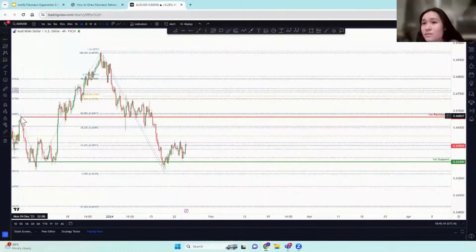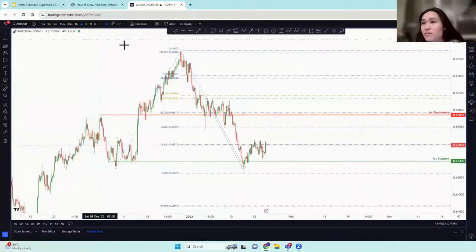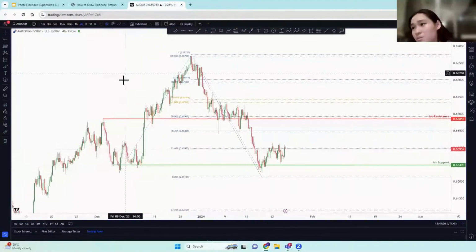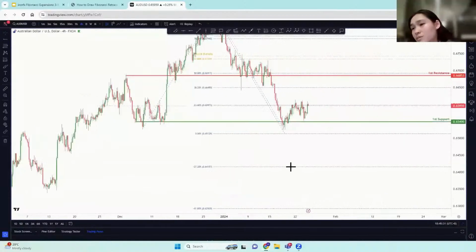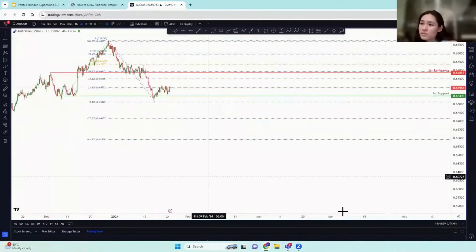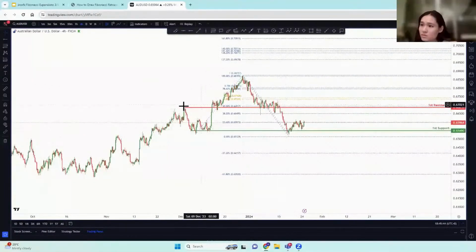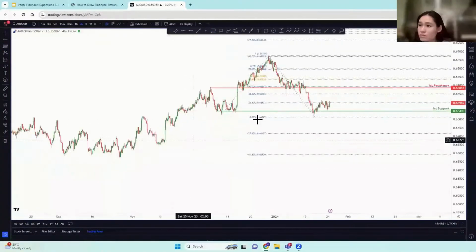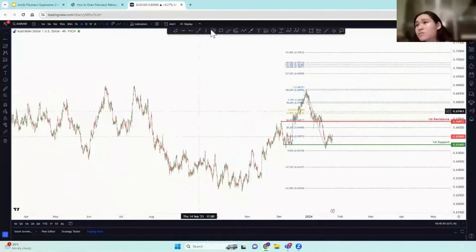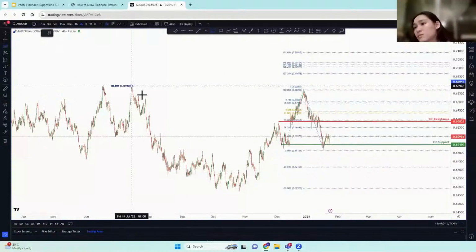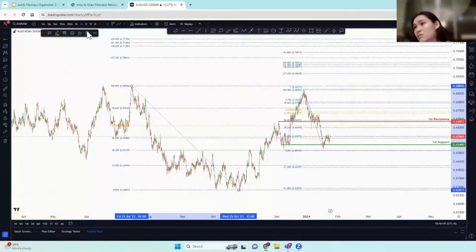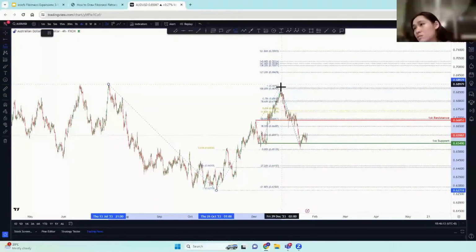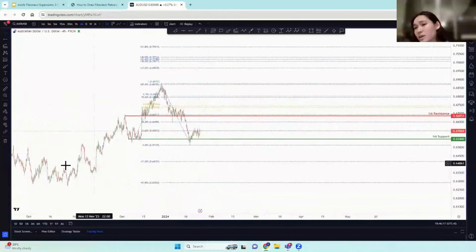I think that's all the levels that we have in this case.